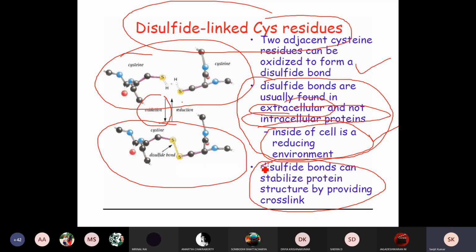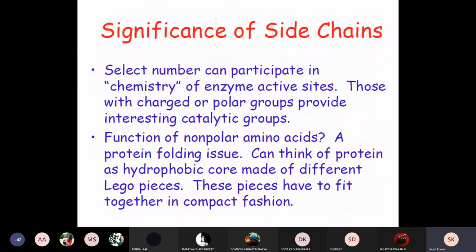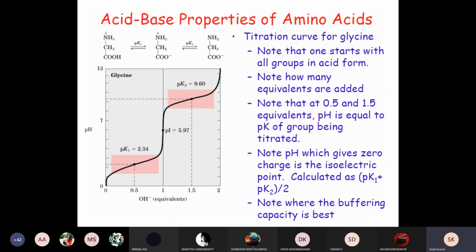So, hello, are you getting the point? Yes, sir. Always remember, disulfide bonds are usually found in extracellular, not intracellular proteins; the inside of the cell is a reducing environment. Okay. The significance of the side chain is also very, very important. The side chain determines solubility and all these things.